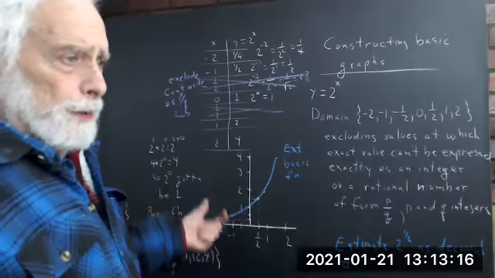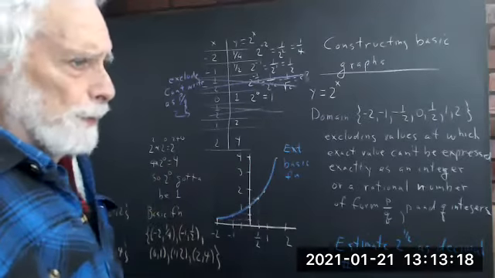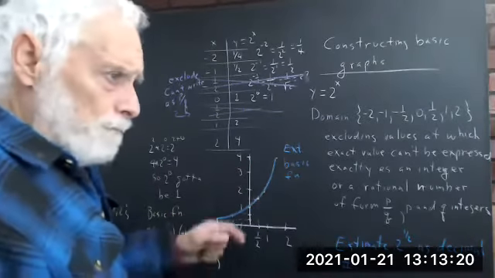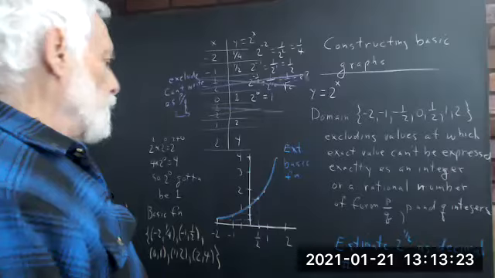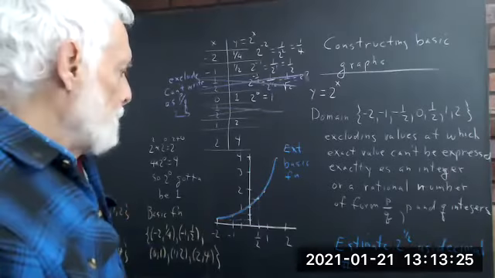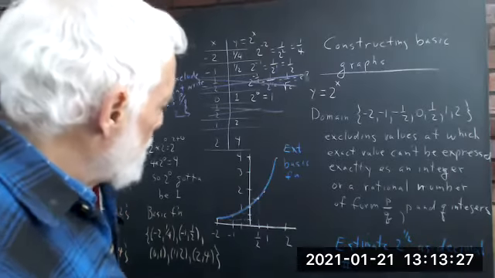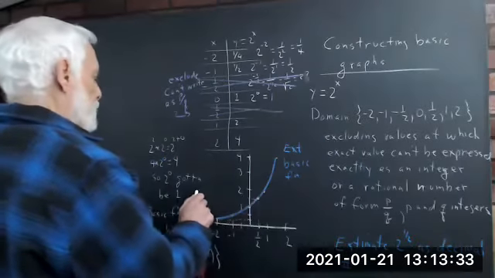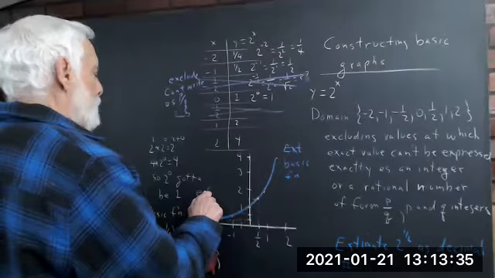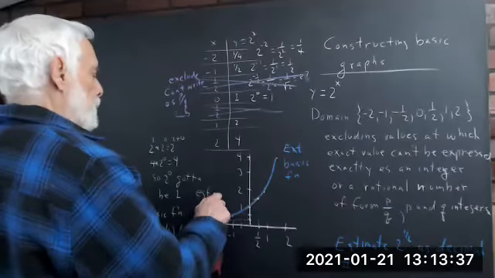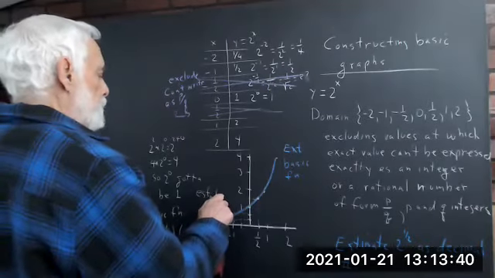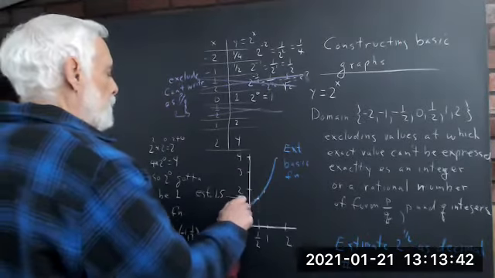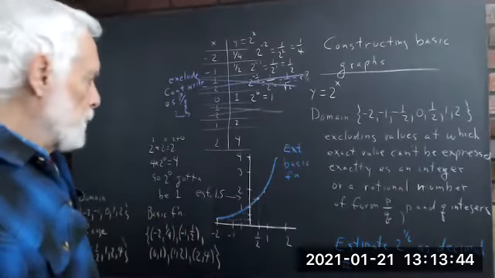But 1.4 is an estimate that would be accurate to two significant figures, to one decimal place. Okay, so here my estimate is 1.5 based on this graph.